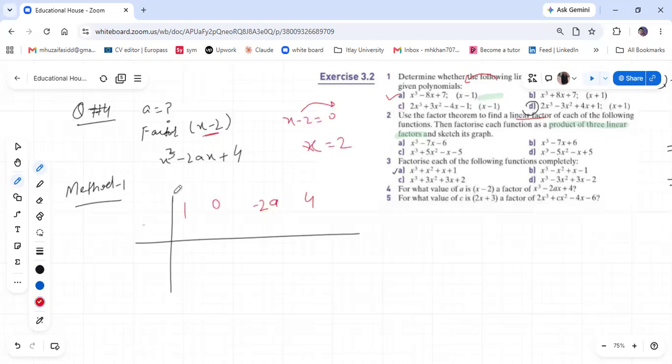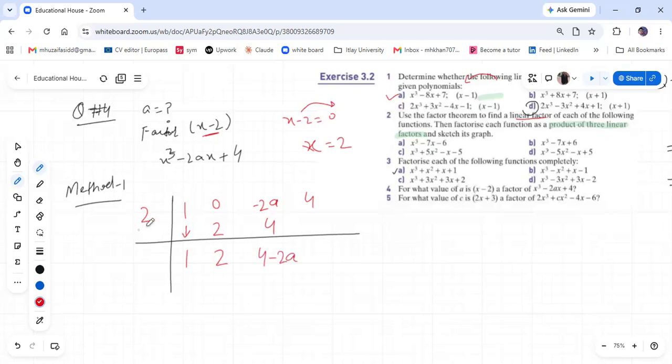So this is the 2, and the 1 comes down as it is. We multiply 2 by 1, which gives 2, and add it to the 0, so this is 2 as it is. Now we multiply 2 by 2, which gives 4, and this gives us 4 minus 2a.